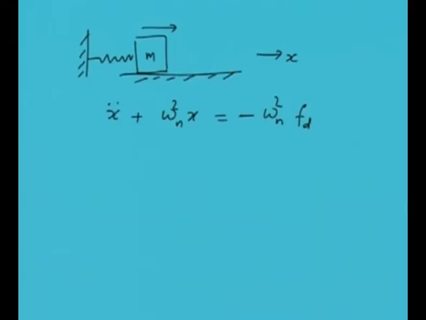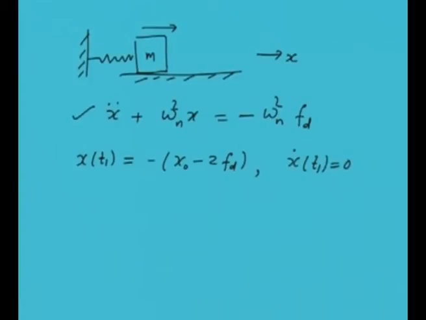Now we have to solve this equation, and the initial conditions are different, because we know the displacement at t1 is x naught minus 2 Fd, and the velocity at this point is 0, because this is one of the extreme positions of the mass.